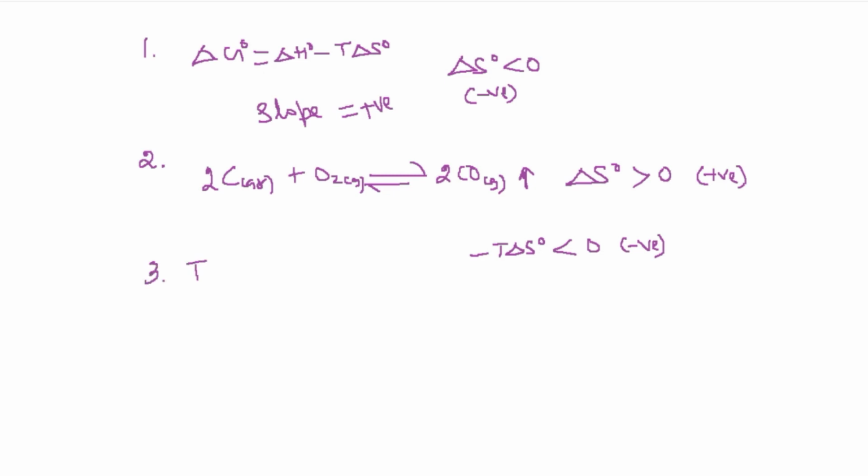So as T increases, delta G naught becomes less negative.